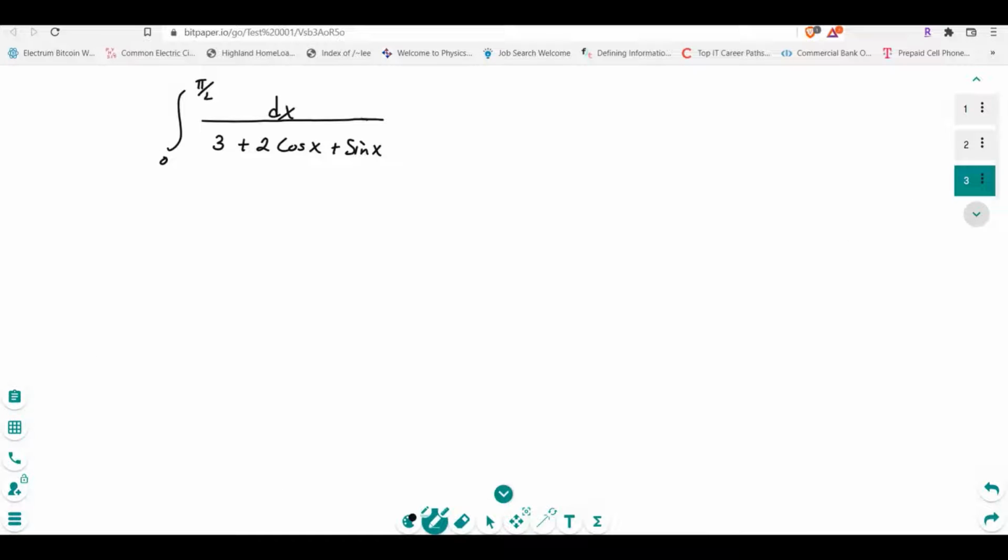Okay, now let's substitute for this original integral. The limits in terms of t would be 0 to 1, and our dx, I'll write 1 here, and our dx would be 2 times dt over 1 plus t squared, and then we have 3 plus 2 times cosine x.